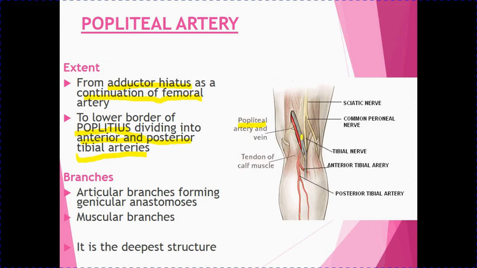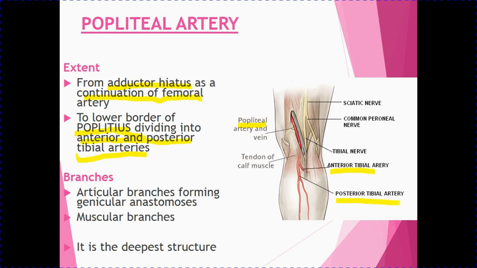It runs in the popliteal fossa, and when it reaches the lower border of the popliteus muscle, you can see it is dividing into the anterior tibial artery and the posterior tibial artery.